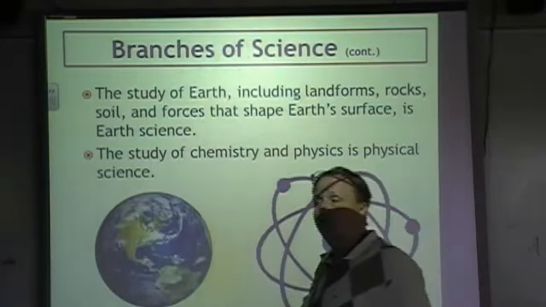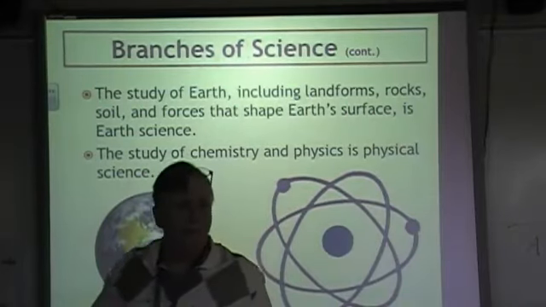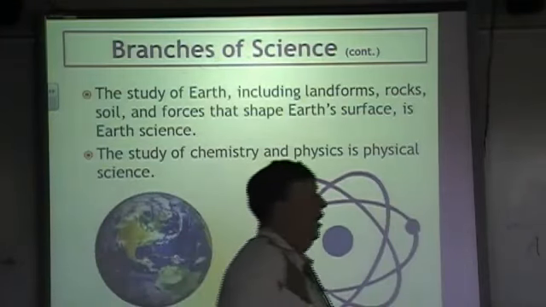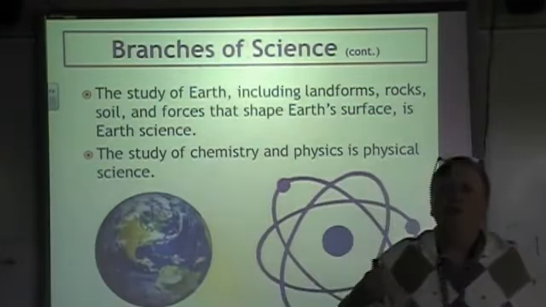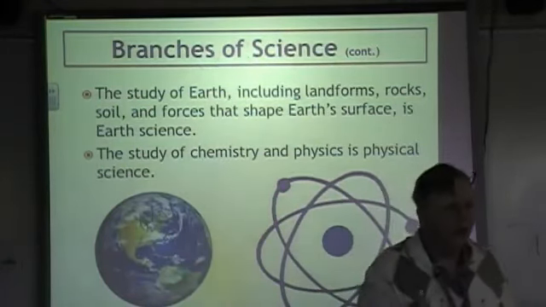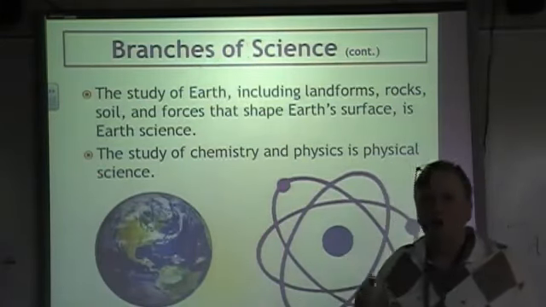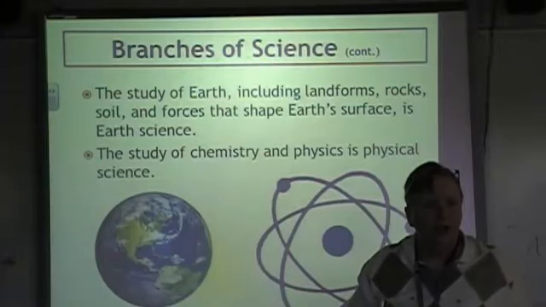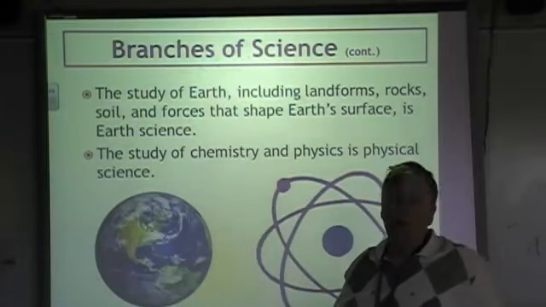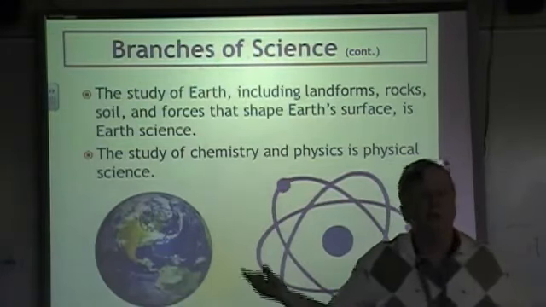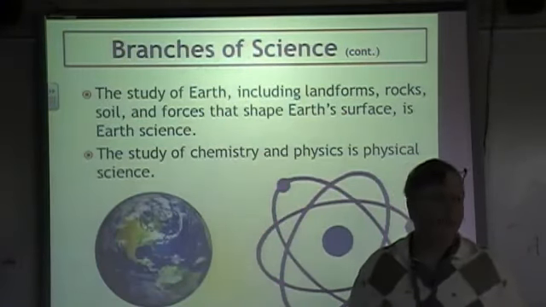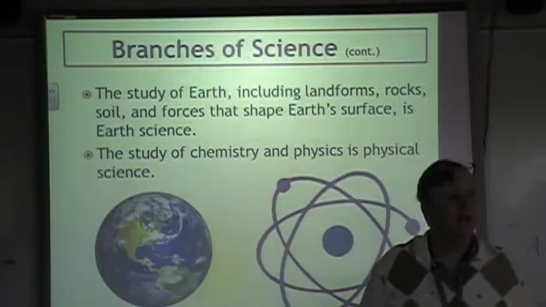So then the answer is going to be two things. What is it going to be? Chemistry and physics. Now, I'm trying to help you to see, you've got to look at that info and see all the different ways that the teacher could ask you a question about it. Don't just look at definition term. There might be another way I ask it. And I might say, what branches of science make up physical science? And you would have to put chemistry and physics. And that's a different way of asking that question.